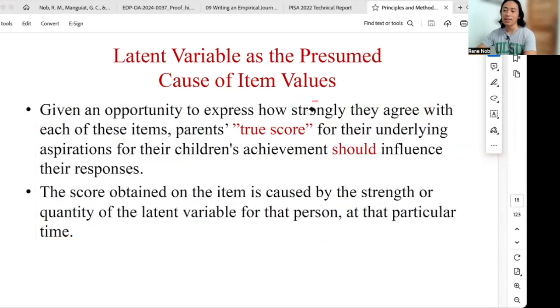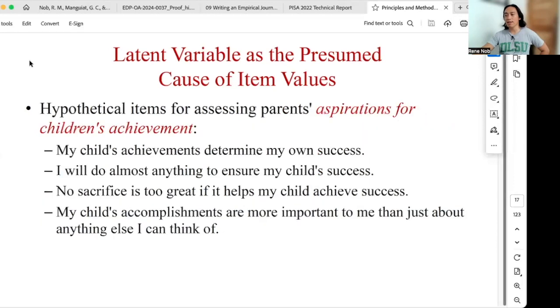It says here, given the opportunity to express how strongly they agree with each of the items, parents' true score for the underlying assumption for their children should influence their response. So if you're a parent, your true score for your aspiration for your children's achievement should influence whether you agree or disagree, or the level of agreement or disagreement with these items.